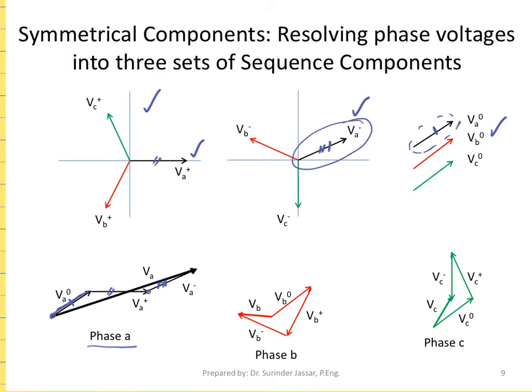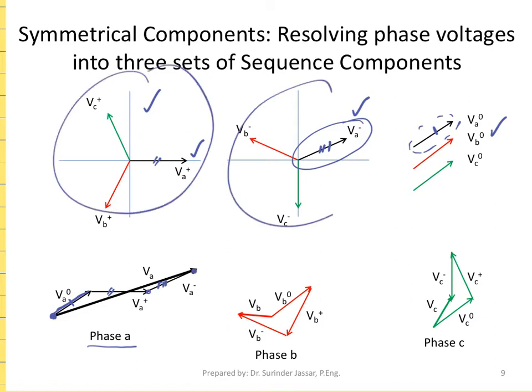So the VA phasor starts from here and goes until the tip of the last phasor, which is VA negative. That is what we're saying: we're superimposing. So the first step we will do is divide the unbalanced three-phase system into three sets of balanced systems. These three sets are balanced, balanced, balanced.